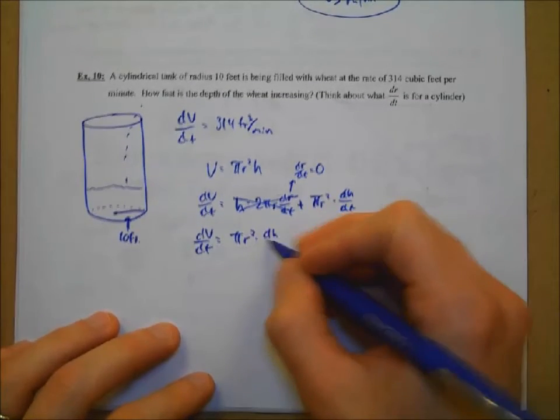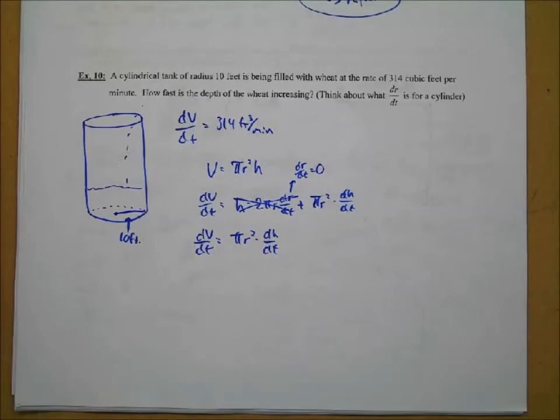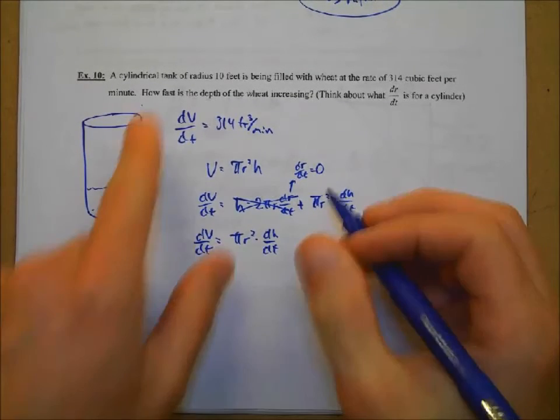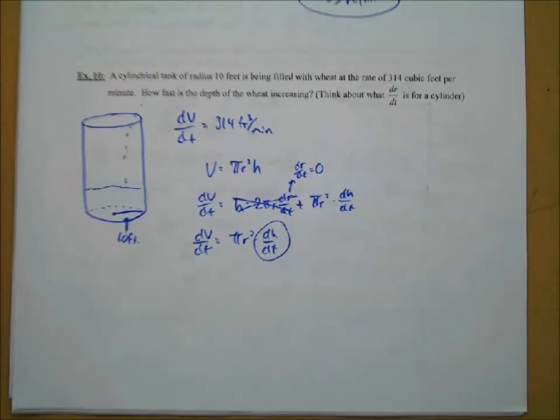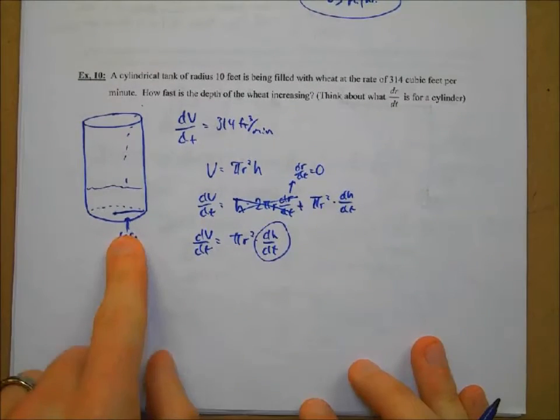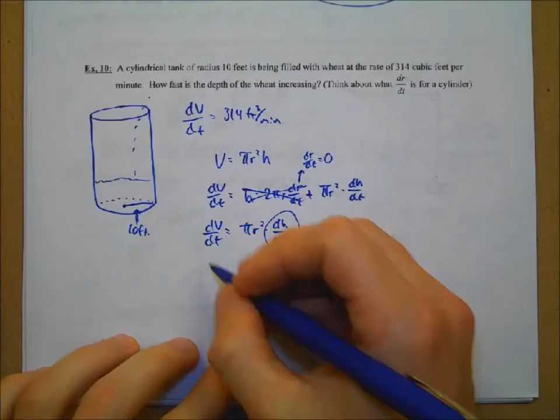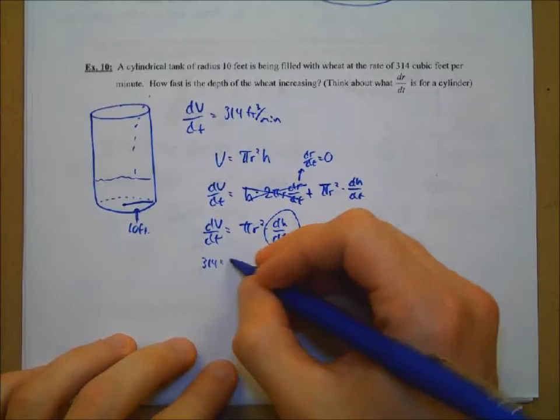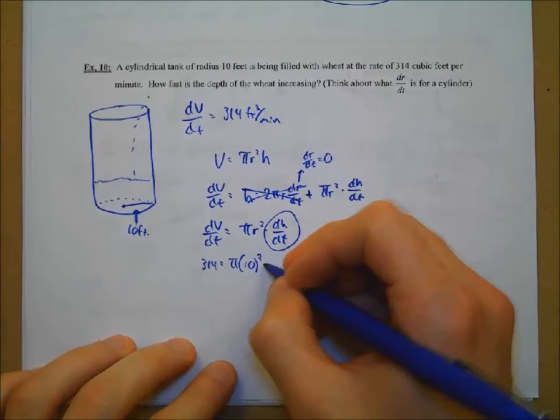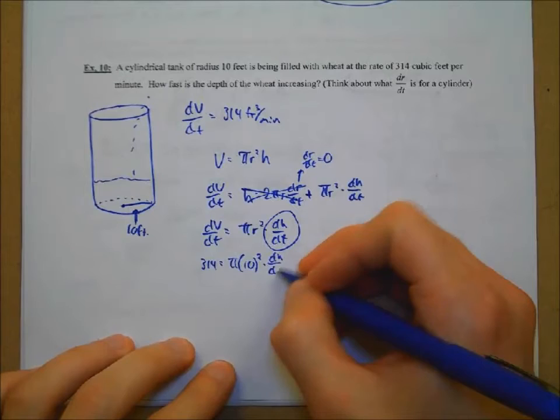And then you can substitute in the appropriate piece of information. How fast is the depth of wheat changing? That's what you're solving for, dh dt. So you have r is 10. You have dV dt, it's 314. And then you solve from there.